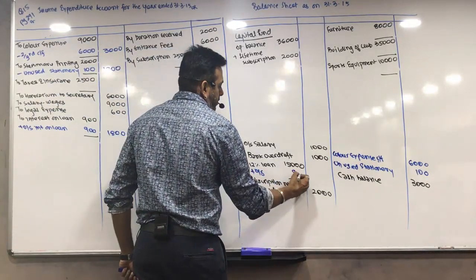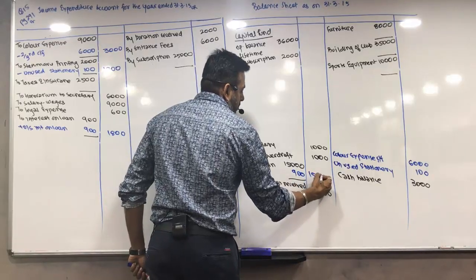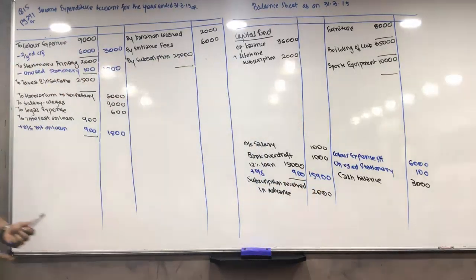Plus outstanding, 15,900. Electricity expense 1,000.